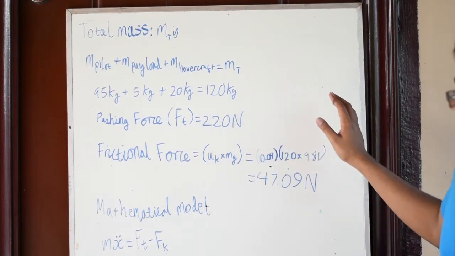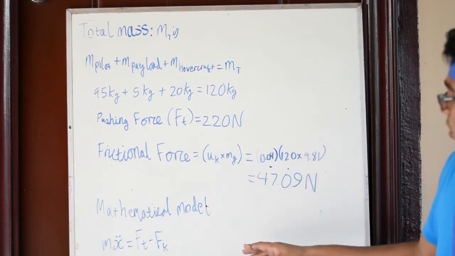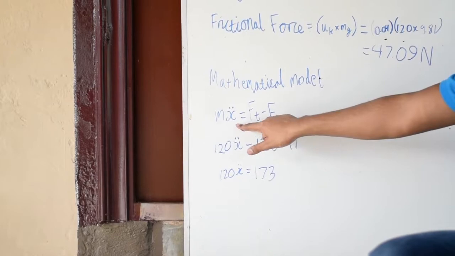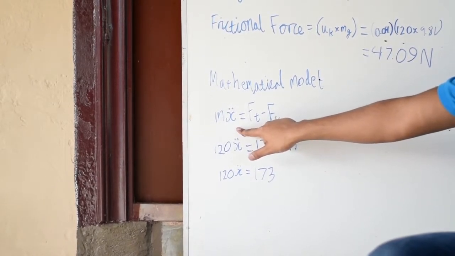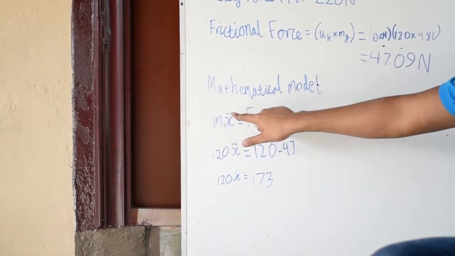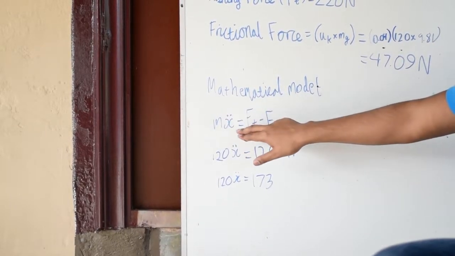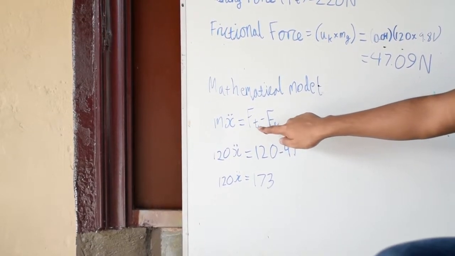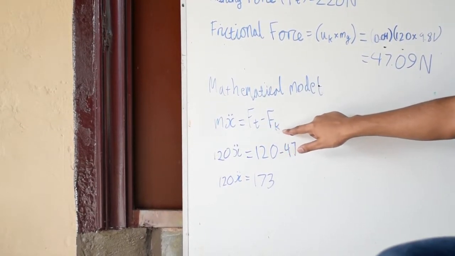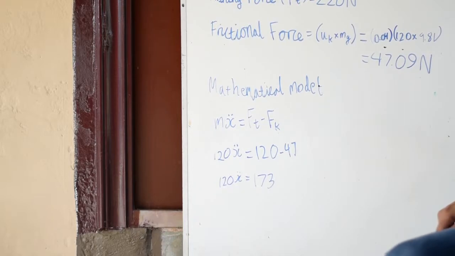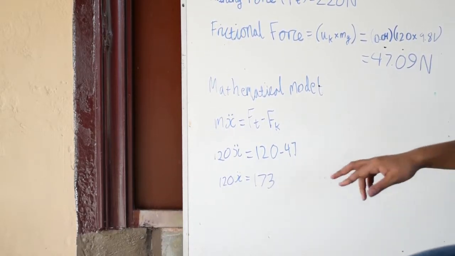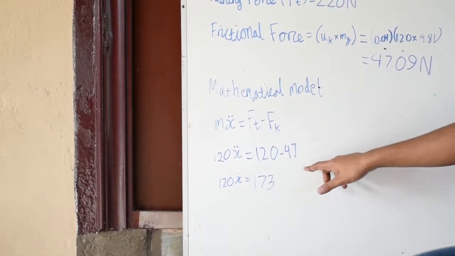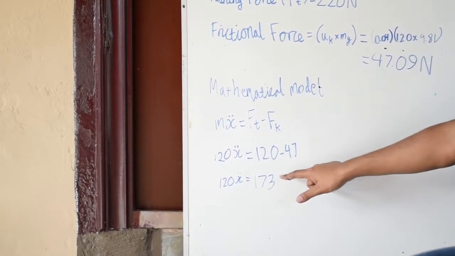So, from this information, we can plug it into our mathematical model, which we model as m x double dot, x being the displacement of the hovercraft moved, and x double dot is the second derivative, which is also equal to the acceleration, is equal to Ft, the pushing force, minus the frictional force, Fk. So, plugging in the values for m, Ft, and Fk, we get 120 x double dot is equal to 220 minus 47. So 120 x double dot is equal to 173.